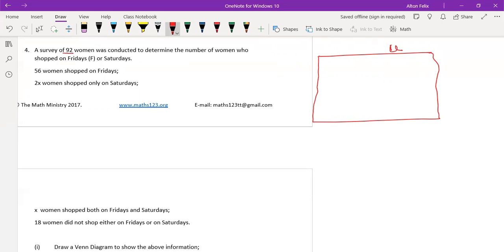So the total number in your universal set, which is represented by N of U, is 92. So let's put our two sets, F for Friday and S for Saturday.